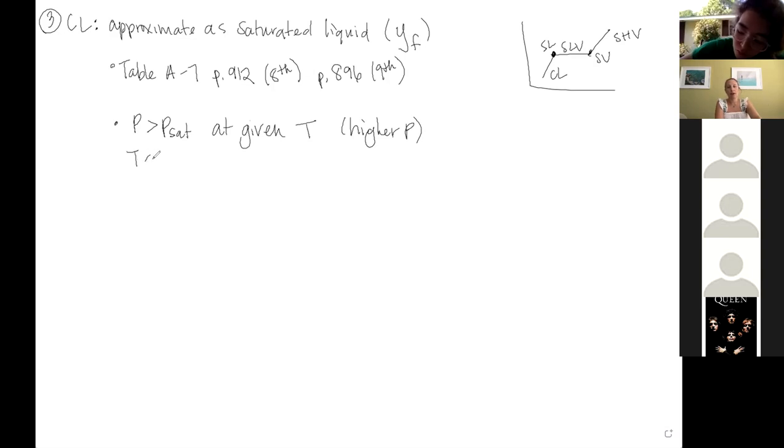And our temperature here is going to be lower than our saturation temperature at a given pressure. So this is the exact opposite of the superheated vapor. Here we're at a higher pressure, lower temperature compared to saturated liquid vapor, and superheated vapor, we're at a lower pressure, higher temperature.